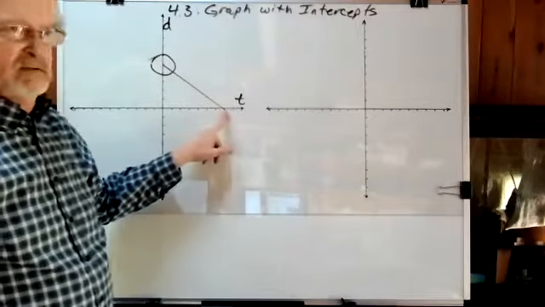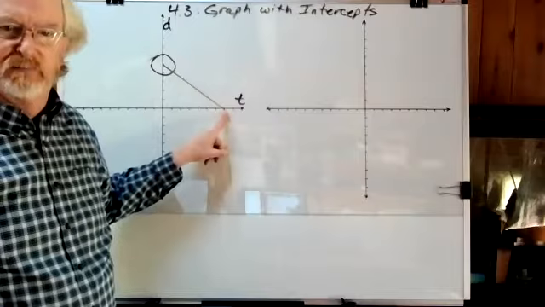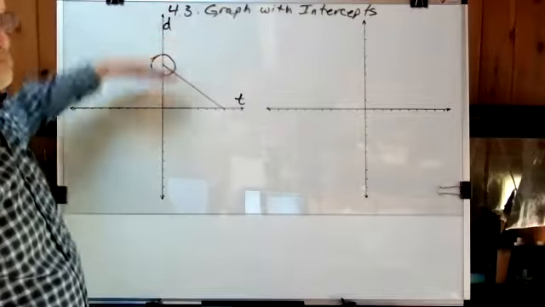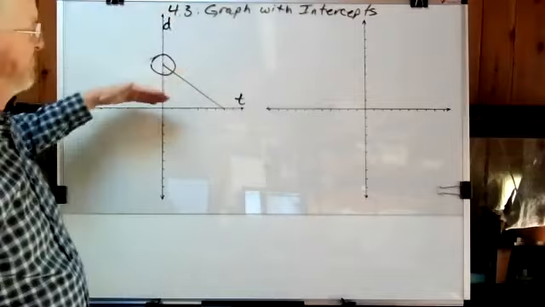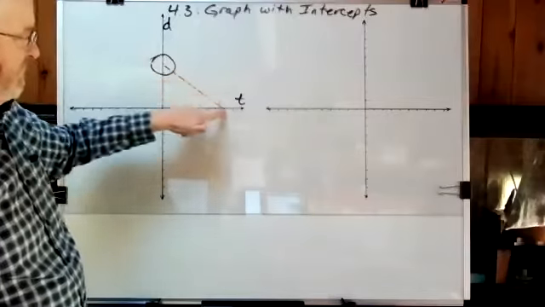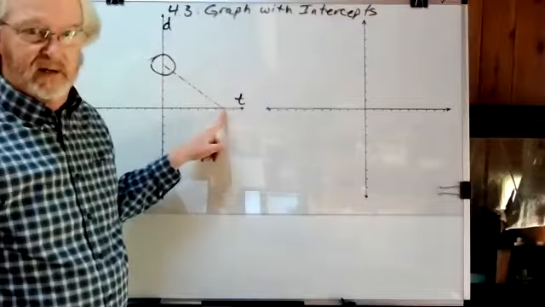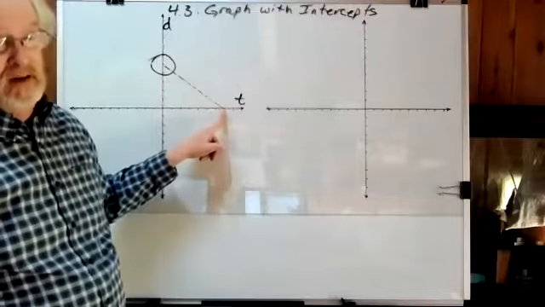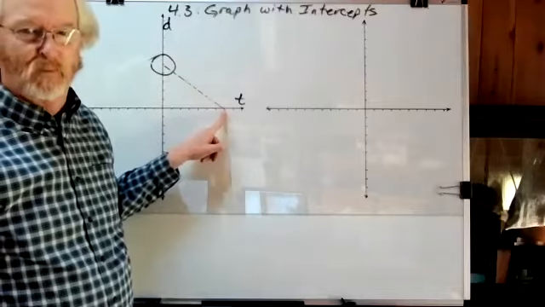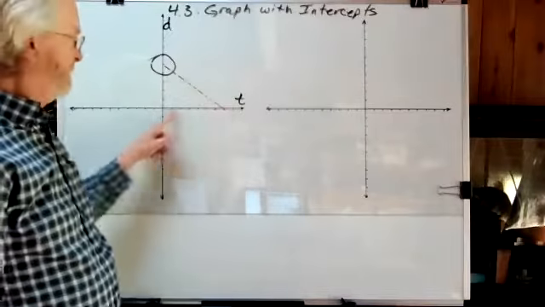What does this intercept value then represent? Here's my distance, right? This vertical is how far from home am I. Well, this y value is 0. I got home. What's the other important number in that ordered pair though? What is it telling me?